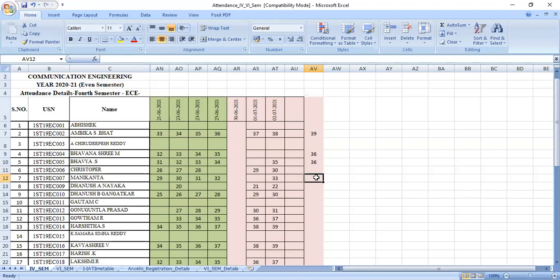Manikanta is also not there. Somebody can check. Present, ma'am. Dhanush Nayak, you're also not there.